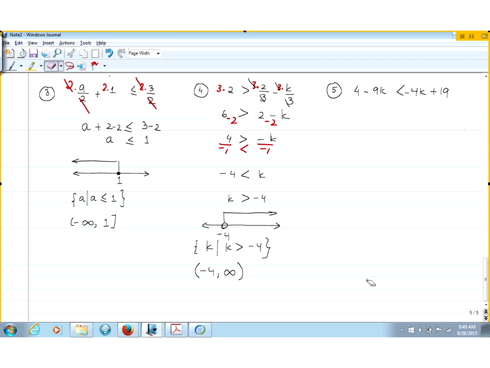So you might want to switch it so that the variable is on the left. Good. Any other questions? It's better to have the variable on the left. So using the concept, if negative 4 is less than k, what does it mean? Well, k is greater than negative 4. All right. Next, what are we going to do here?